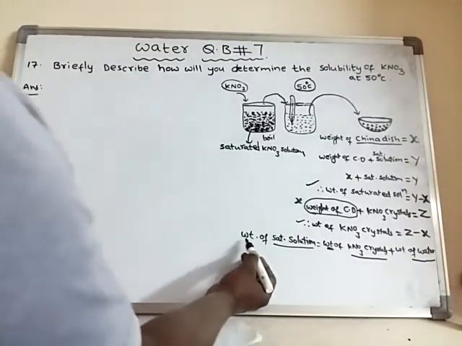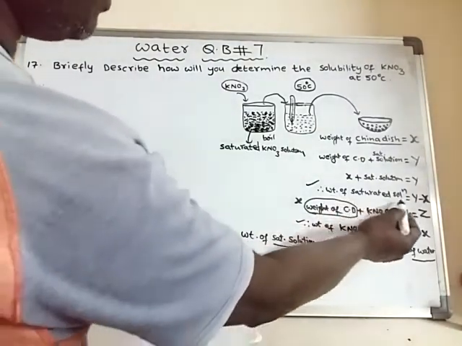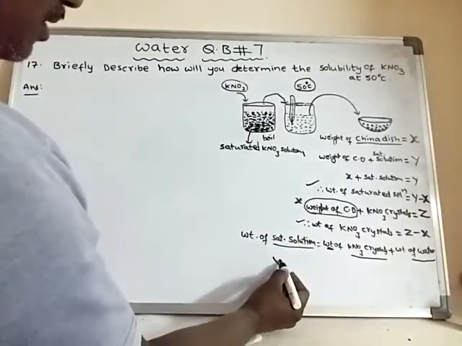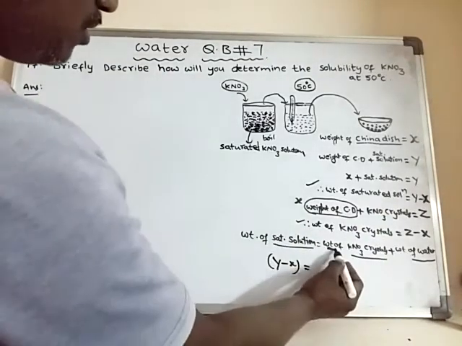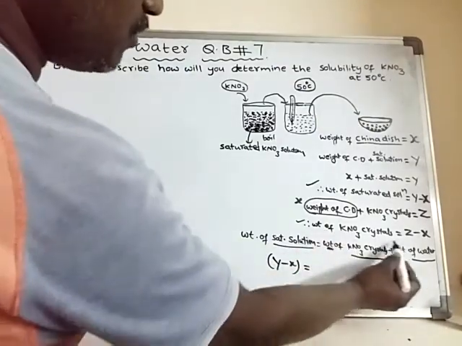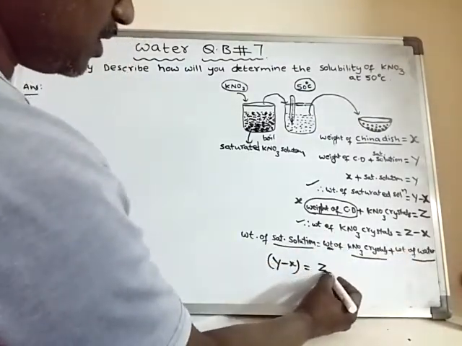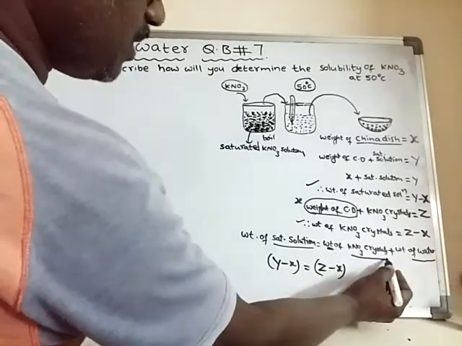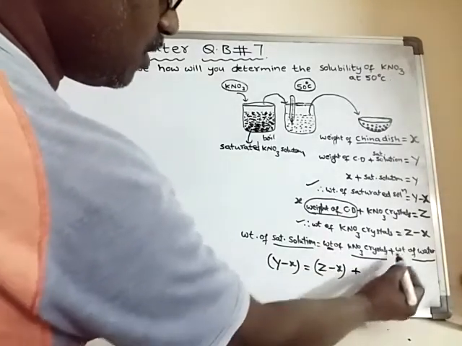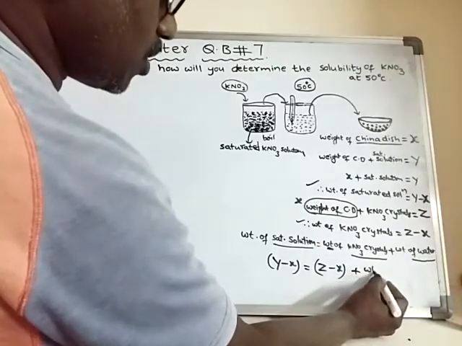So already we know the weight of saturated solution: Y minus X. Y minus X is equal to the weight of KNO3 crystals, which we already got as Z minus X, plus the weight of water.